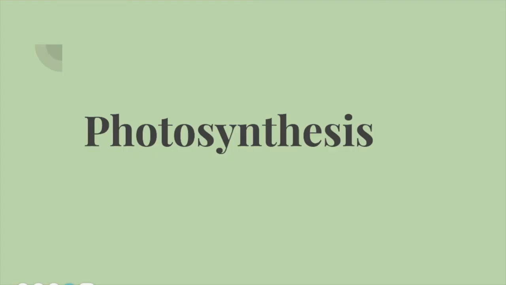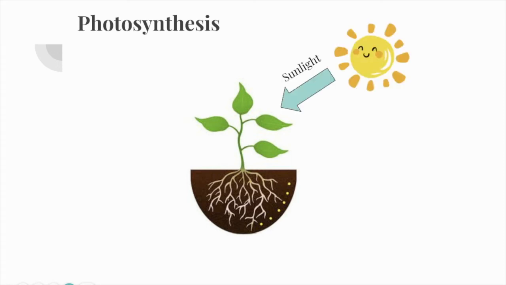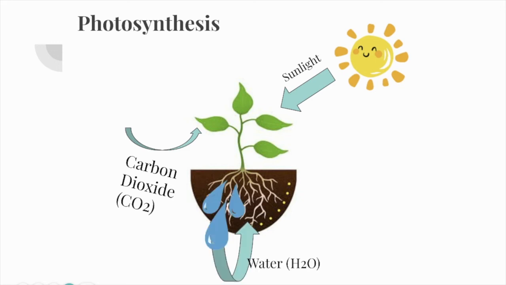So now we are going to talk about photosynthesis, which is how plants are able to make their own energy. Here we have a plant, and you may remember that plants are producers, which means they can make their own food for energy. During photosynthesis, plants take in sunlight and carbon dioxide from their leaves and water from their roots.